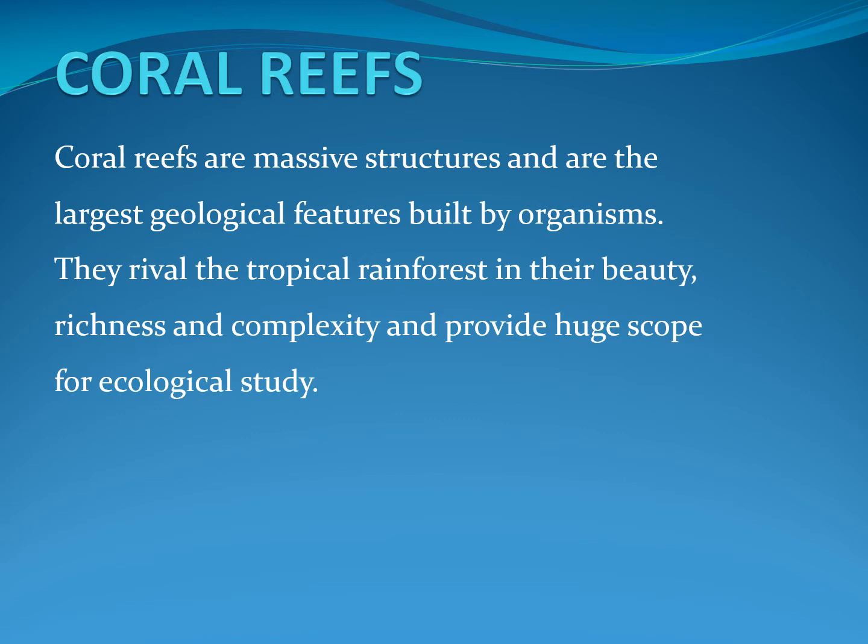And all that structural complexity means that there's a lot of different niches for amazing amounts of life. But all that life that we're talking about, they've been around for hundreds of millions of years, these coral reefs.